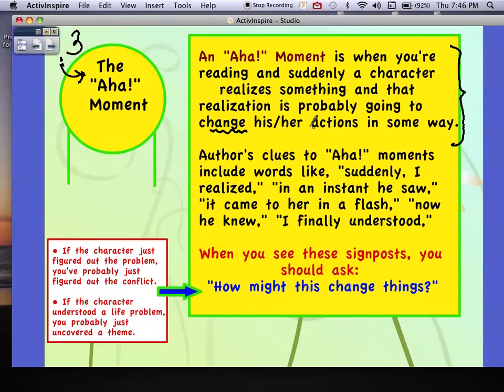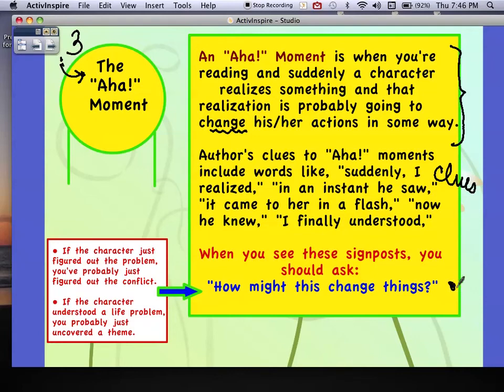Change in his actions, change in his attitude in some way. The author's clues to aha moments are words like suddenly, I realized, in an instant, it came to her in a flash, now he knew, I finally understood.